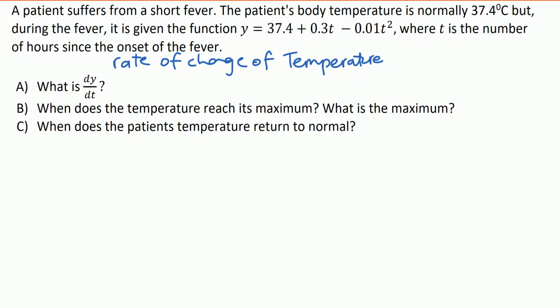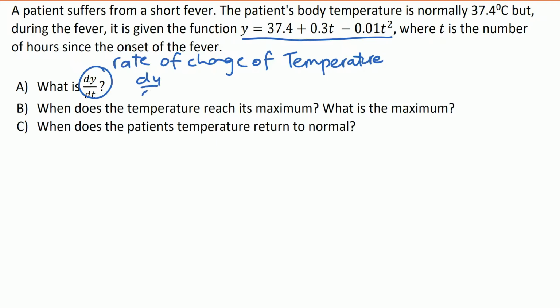So in other words, it's how fast is the temperature changing with respect to time. Is that right? So you guys can all tell me what dy by dt equals given this equation, hopefully.